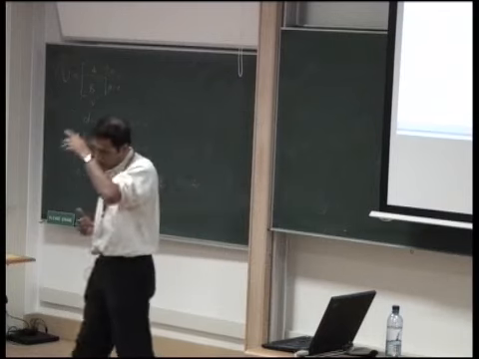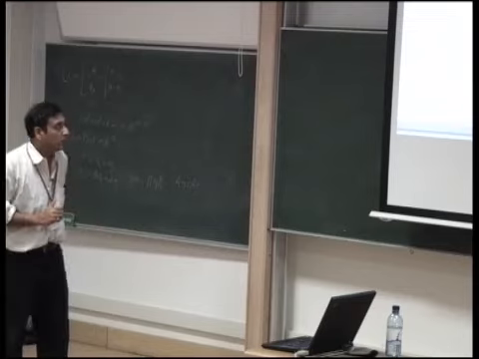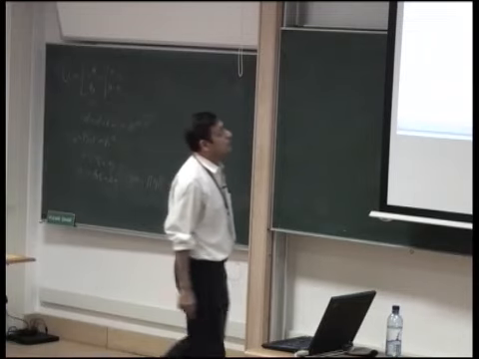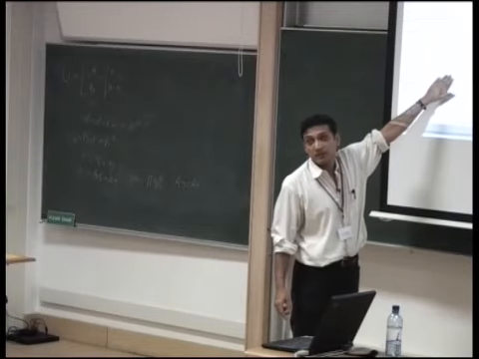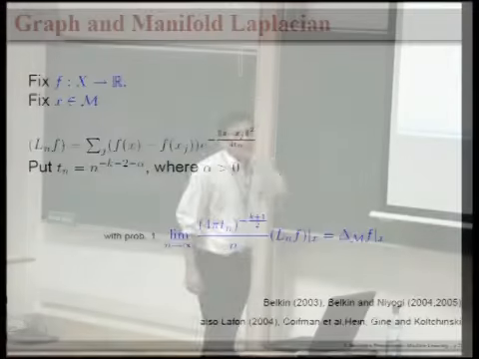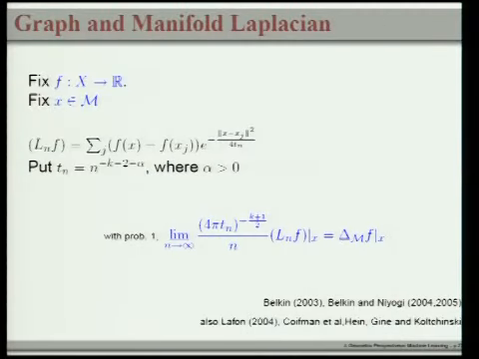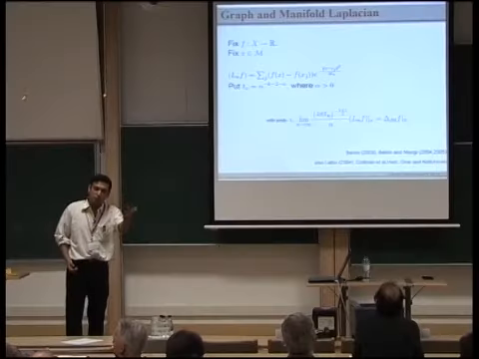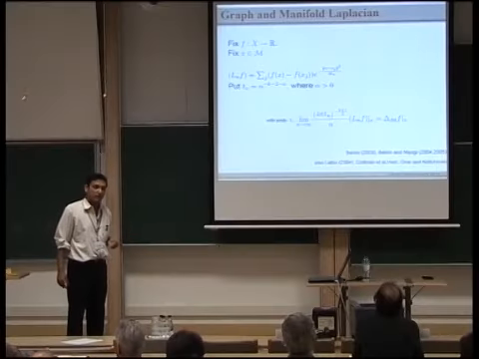By the way, this rate turns out to depend only upon the dimension of the manifold, but this is actually a pointwise statement. It is saying that an empirical operator, the graph Laplacian, applied to a fixed function f will converge to the true operator applied to that function.